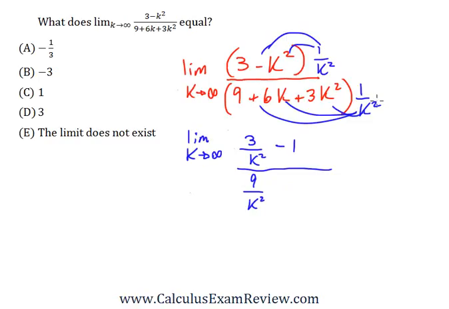The k is going to cancel out with one of the k's below, so I get 6 over k, plus 3k squared times 1 over k squared is just 3, because the k squareds cancel out.